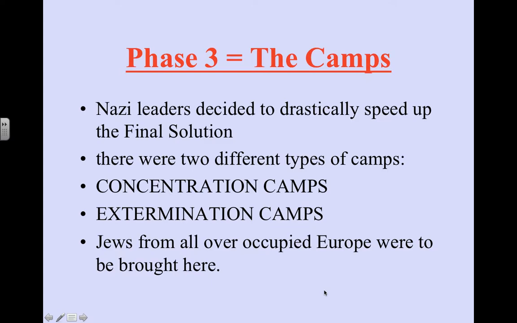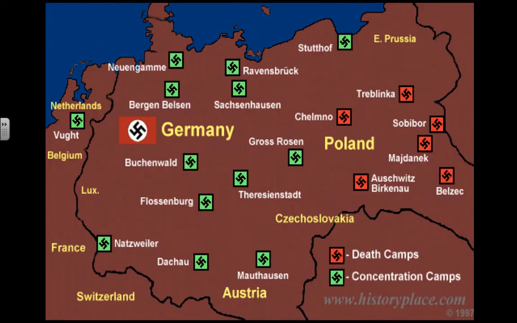Jews from all over occupied Europe were brought here. And if you look at this map, this is where all of the places that we discussed were. We're right in Germany. Here's Nazi Germany. First, they went to Austria, right here. And then Czechoslovakia is right around here on this side.